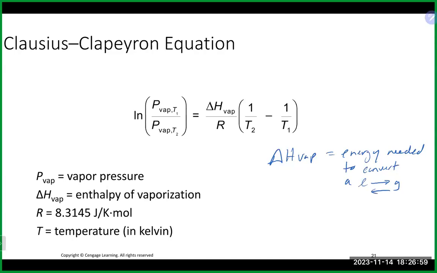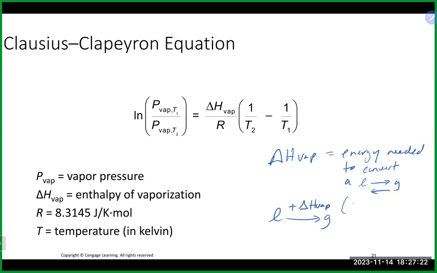By the way, that does occur at the same temperature. When we go from liquid to gas or gas to liquid, that is at the normal boiling point. It is exothermic in one way and endothermic in another. When we go from liquid to gas, it is a positive heat of vaporization.